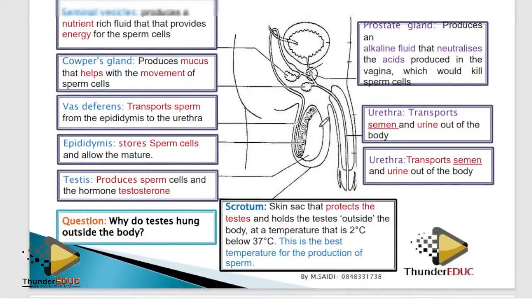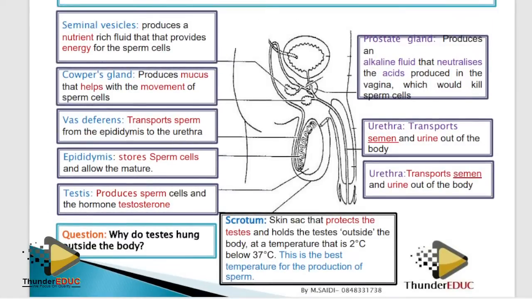But what are some of the things which confuse the students? Number one, this epididymis. This epididymis, and the vas deferens. In most cases, when we bring it, students get confused. They call it sperm duct. Please don't call it sperm duct. Call it vas deferens. It's better to call it vas deferens.